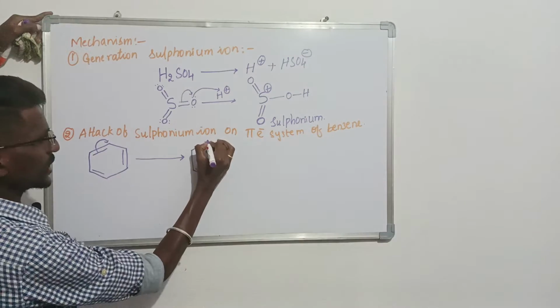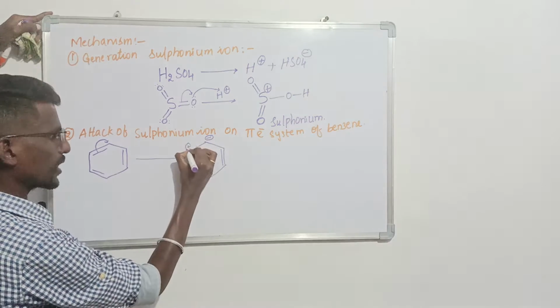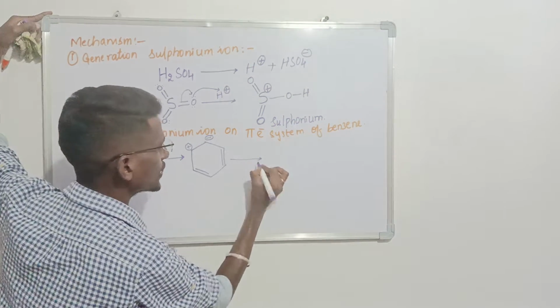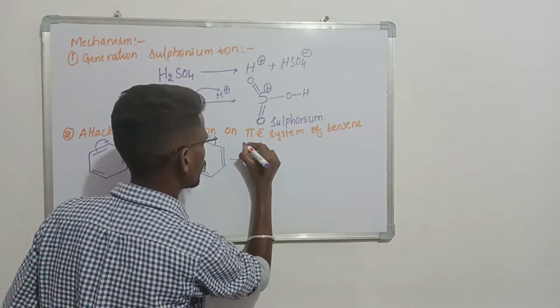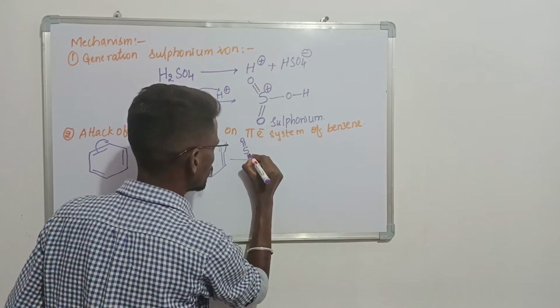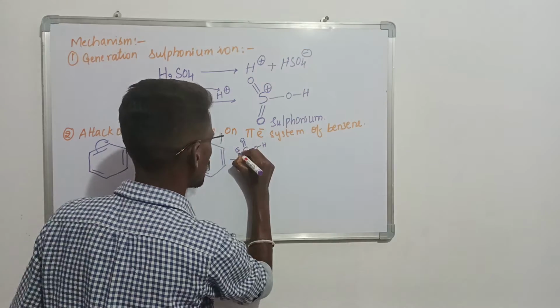With the shifting of electrons, one place gets a negative charge and another gets a positive charge. The sulfonium ion is the electrophile, positive in nature, so it is sulfur double bond O, OH, with a positive charge.